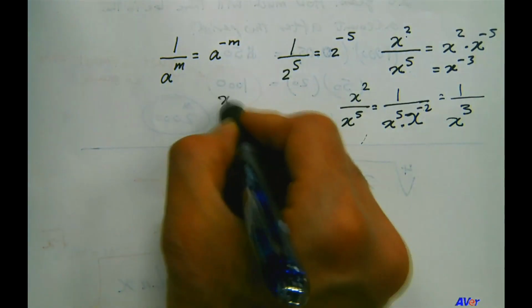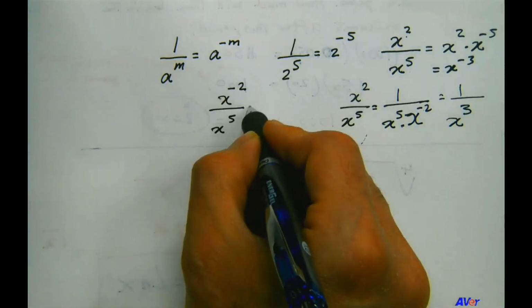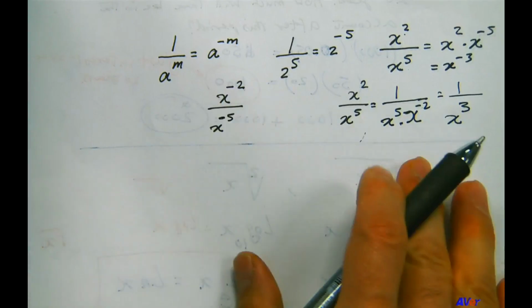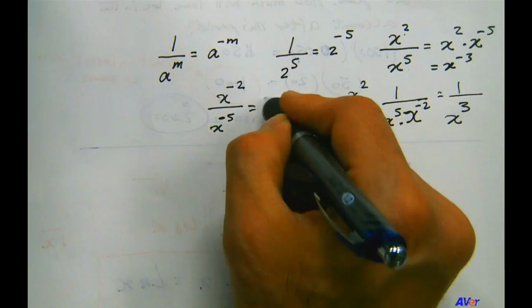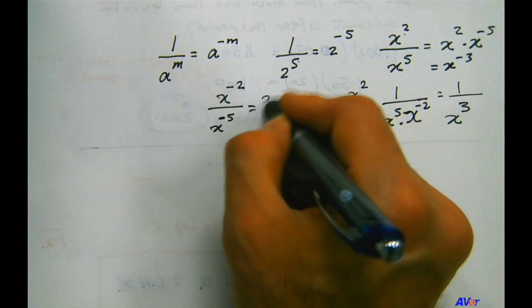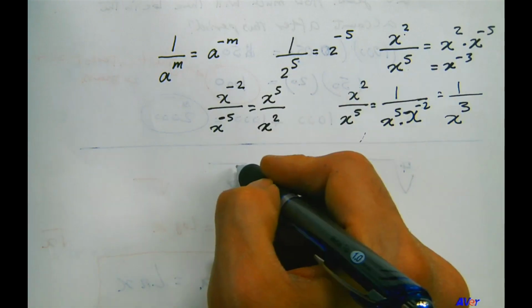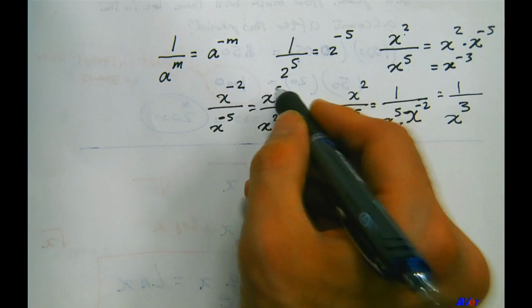Or you can do this. If you have this scenario, you can rewrite this as move this up, move that down, and change the algebraic signs. So x to the 5th over x squared. Right? You could do that. And then you can move this up and subtract it from that.